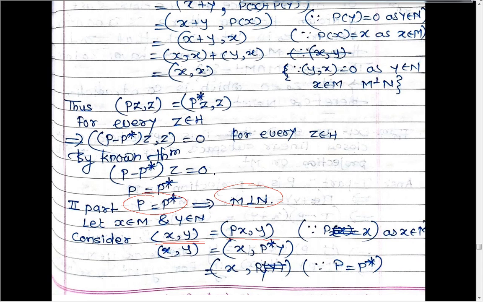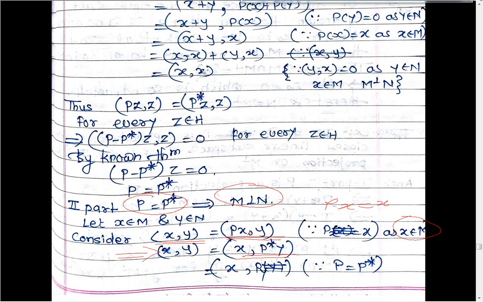This is nothing but the inner product of Px and y, because Px is equal to x, since x belongs to M. We have Px is equal to x. This implies that the inner product of x and y equals the inner product of x and P star y.